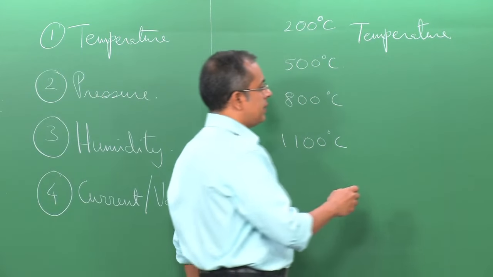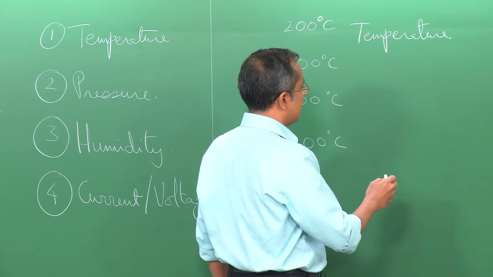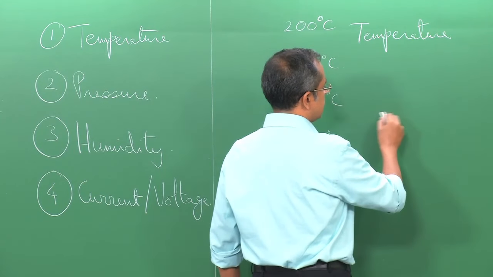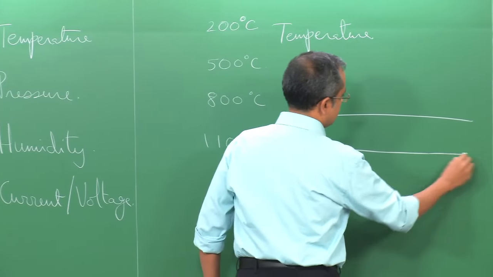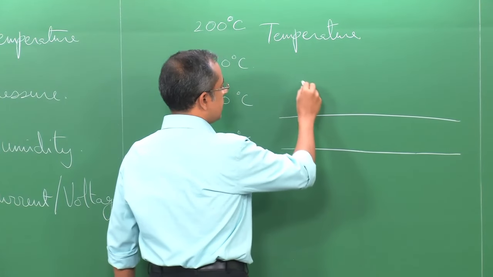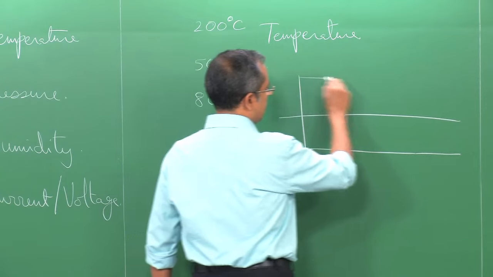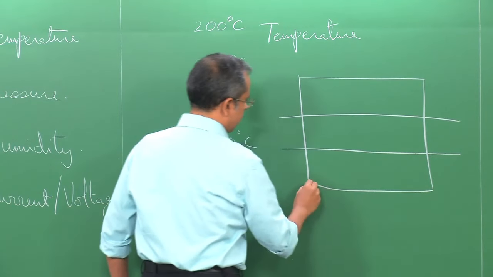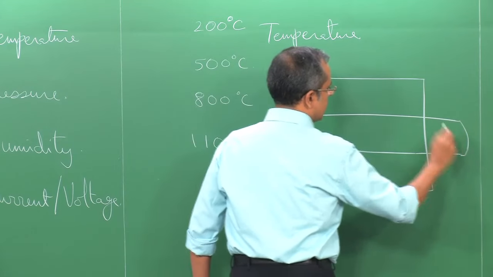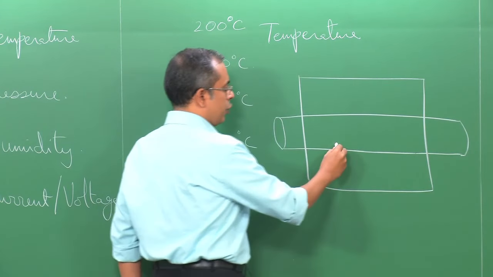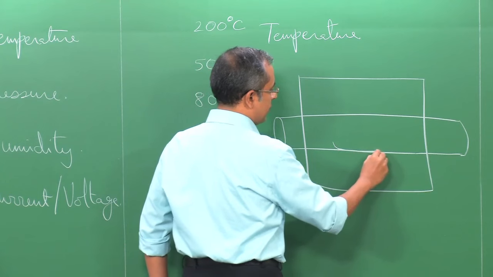So, for example, let me just say that I have a tube furnace. So, let us say there is a tube here, and this is inside some structure which envelops it. So, this is a tube, and inside this you have a ceramic boat.